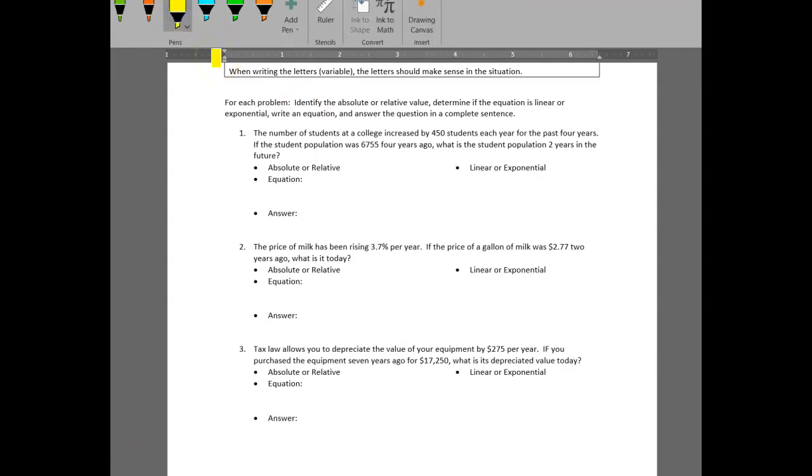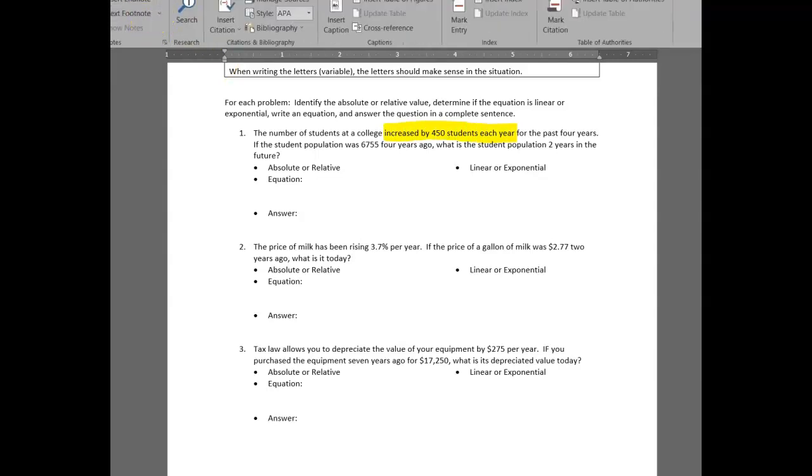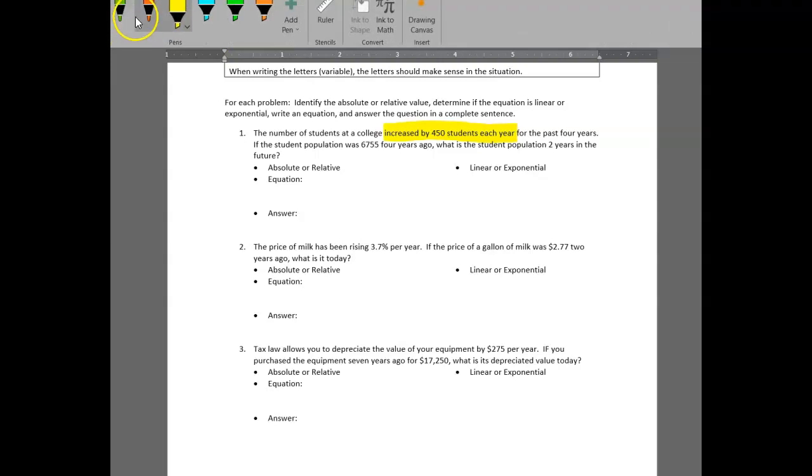We know that it's increasing by 450 students each year, so the number of students represents an absolute change, which makes this a linear situation.